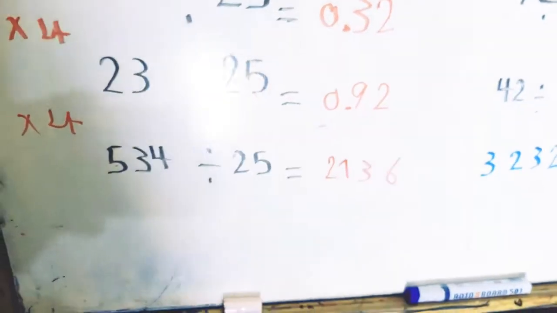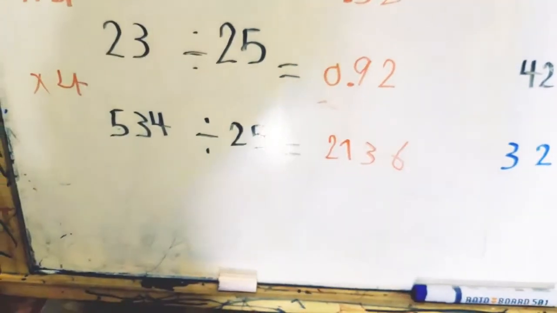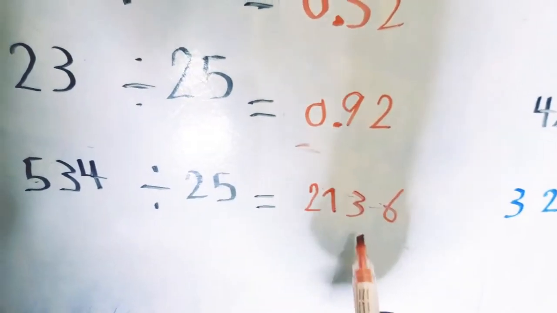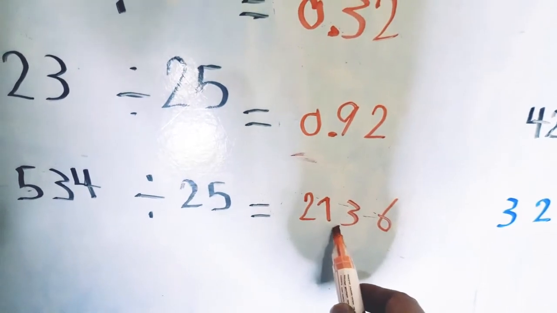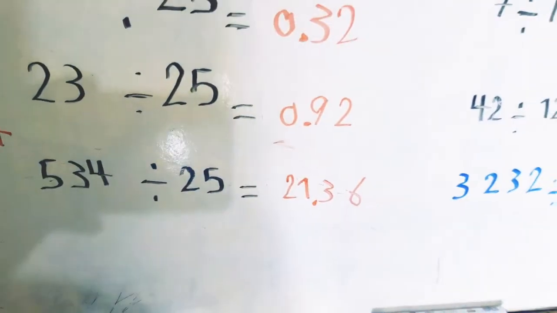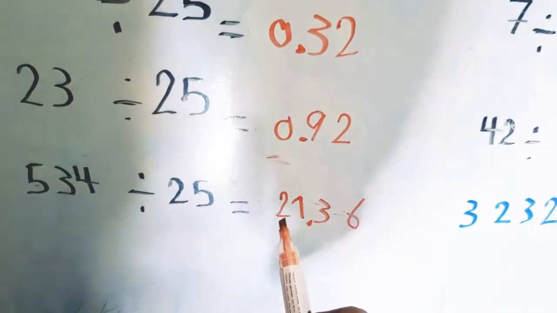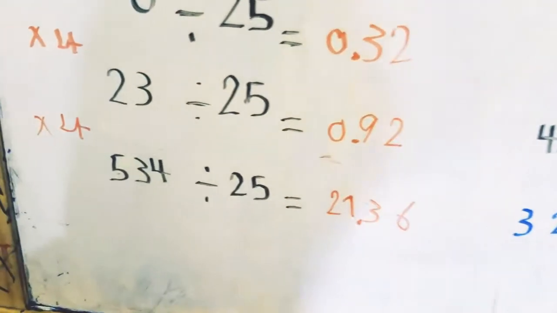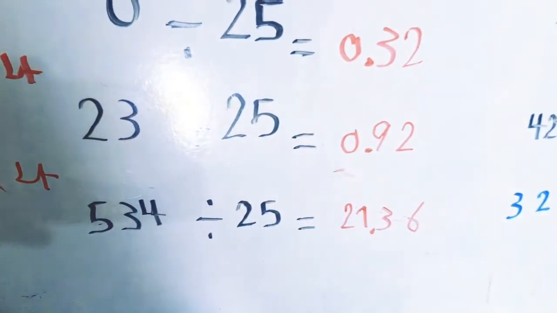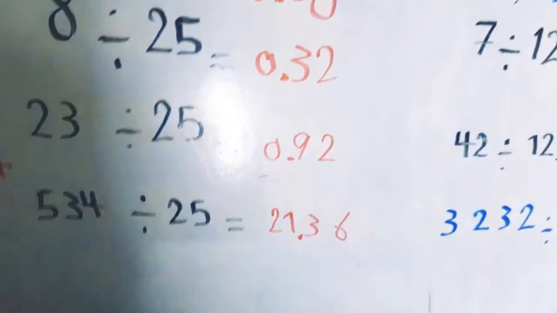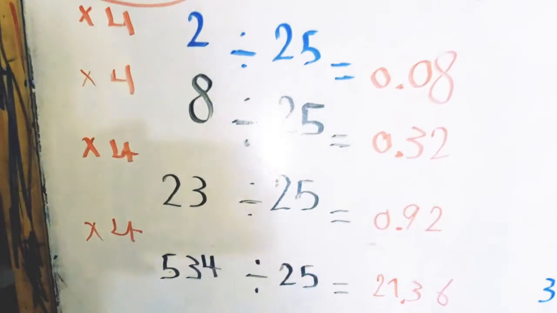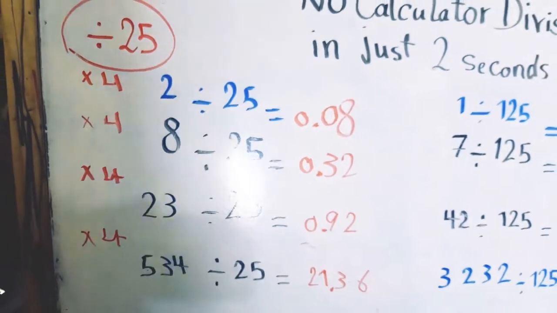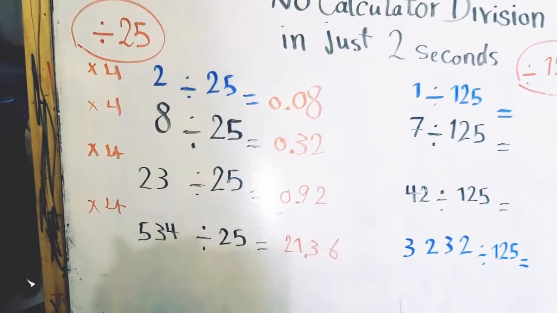We have a 4-digit number, and here we need to count 2 digits from the right side. We have 1, 2, then we put the decimal point. So 21.36 is the correct quotient of 534 divided by 25. I think we have learned its simple rule to divide any number, whatever, by 25.